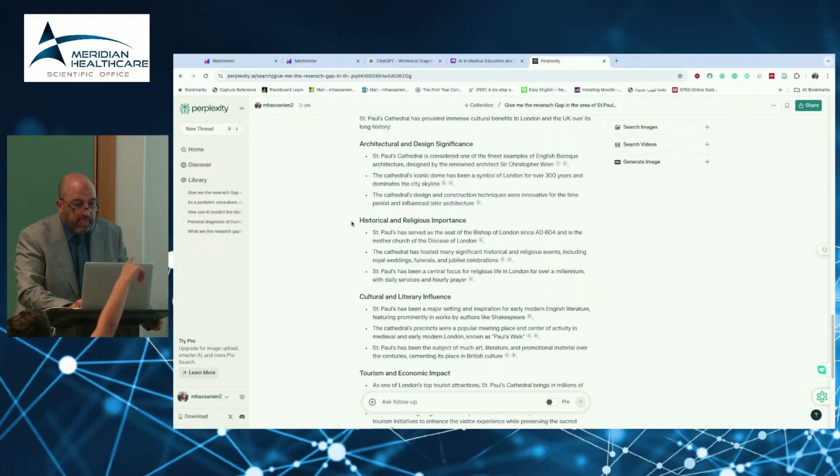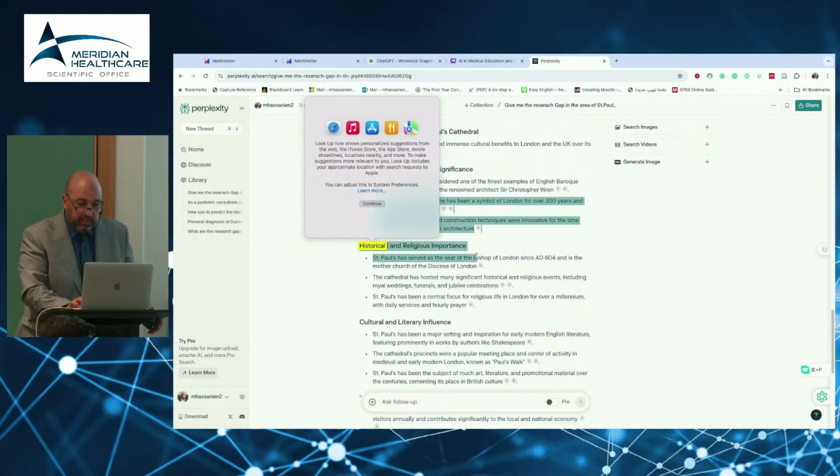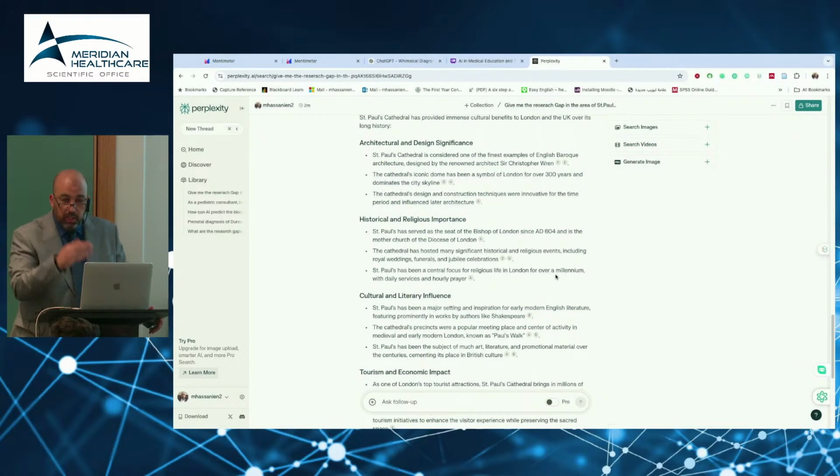And the first one is architectural and design significance. You can here ask it to give you more details on historical and religious importance, and you can discuss with it till you are happy.